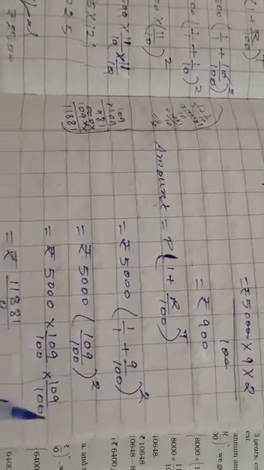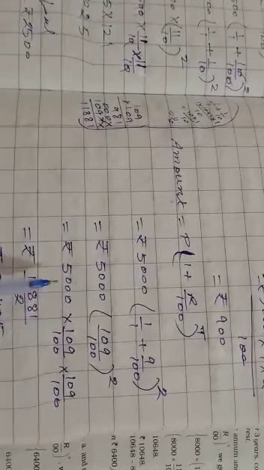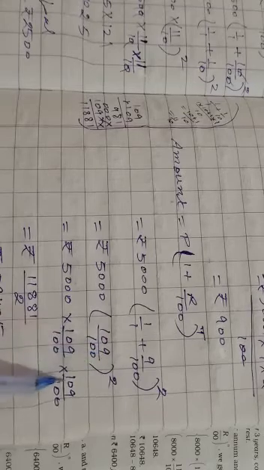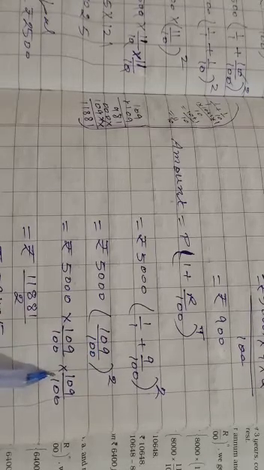Now we write 109 two times, so we write rupees 5,000 multiply 109 upon 100 multiply 109 upon 100.